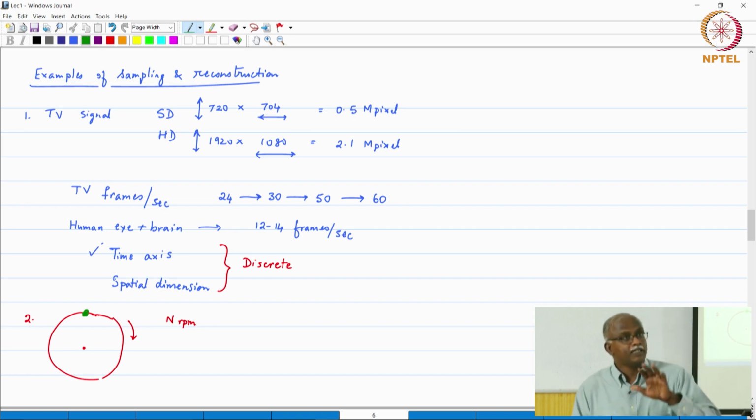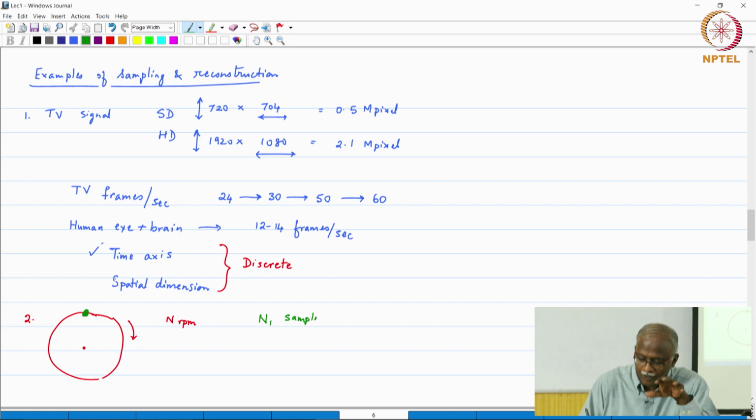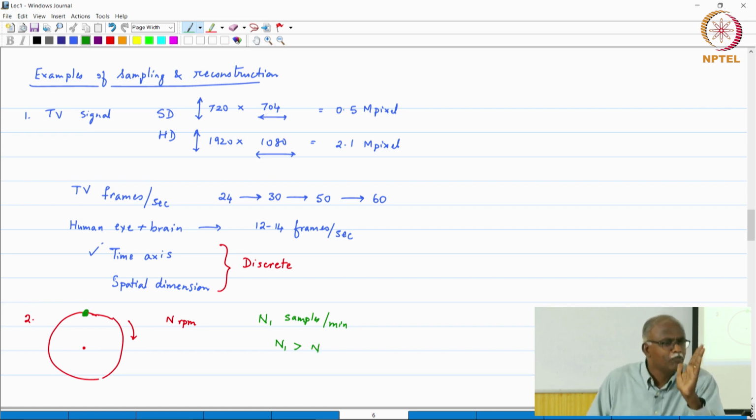Now, comes the interesting case where I sample at n1 samples per minute, where n1 is greater than n. What will happen? Just marginally greater than n. It's no longer stationary for sure. Which way is it rotating?